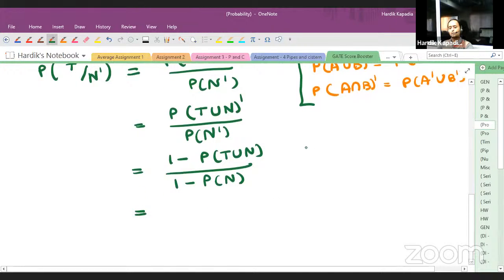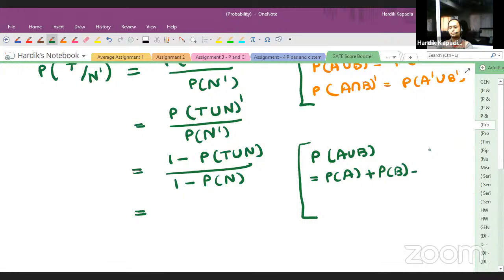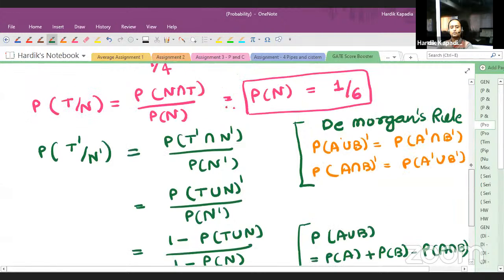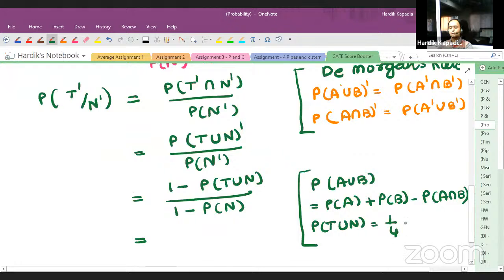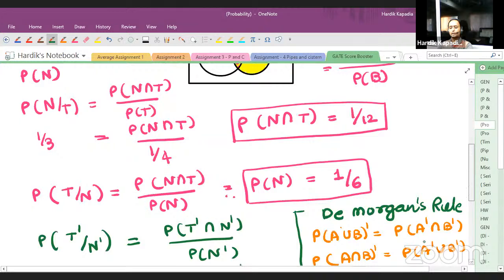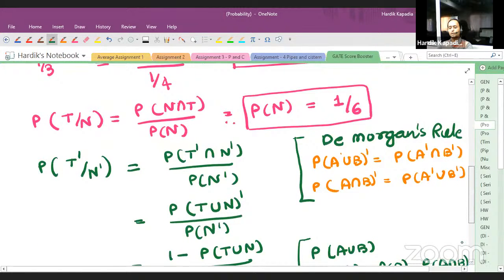One more equation: probability of A union B is equal to probability of A plus probability of B minus probability of A intersection B. So probability of T union N is equal to probability of T, which is 1 by 4, plus probability of N, which is 1 by 6, minus 1 by 12.